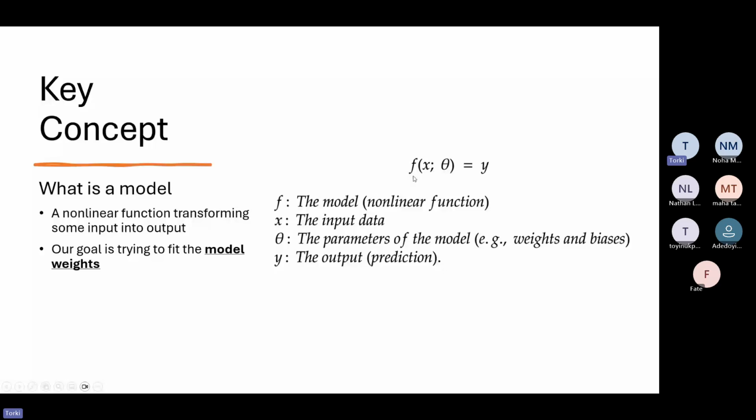So given this function f on this input with these weights, I should obtain the correct y. But if I get some prediction that is not equal to the y, then I need to update this theta. And I iterate between these two steps, compute the predicted y and update the theta, until I find good enough results.